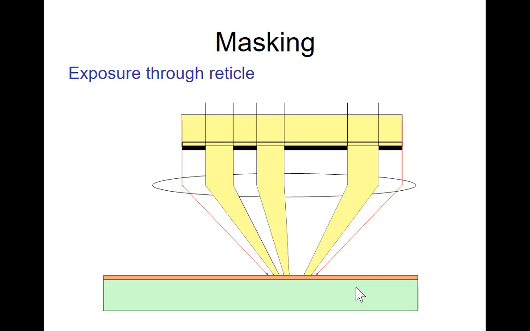On the top you shine the light straight down, and this mask will block most of the light, and only at the slots that you cut will light go through. So it stops most of the light. That's why it's called a mask, just like a Halloween mask. Mostly it is covered, but in a few places it is open, and light can go through so you can see.